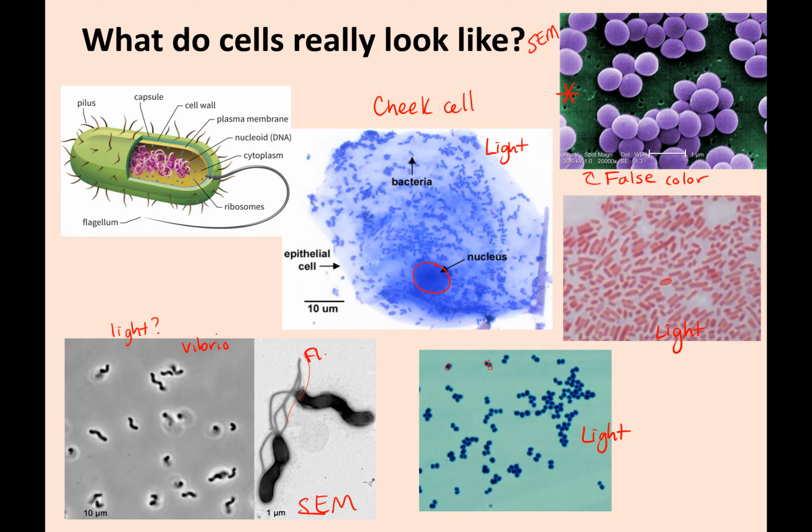Here are some flagella. This little guy might be Helicobacter pylori, might be Vibrio, but these are prokaryotic cells. They are bent like this. You can see how much bigger they look than with the light microscopy, even though this is cocci. These are images of prokaryotes under different types of microscopes.